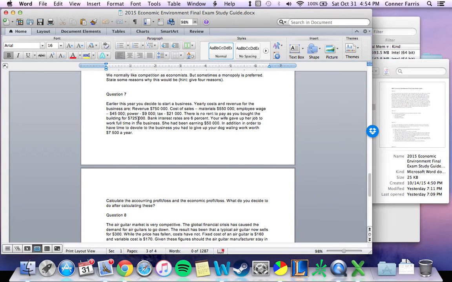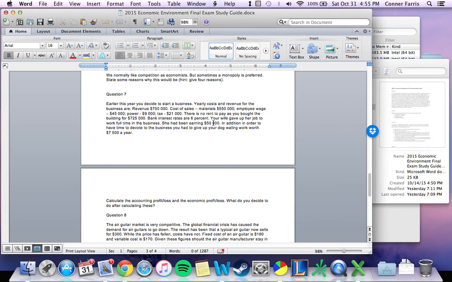Anything that's actually physical money being exchanged. When we look at our economic cost, well, your wife quit her job. That's $50,000 that you're not getting anymore. So that's something you have to account for, economically speaking, but it won't necessarily show up from an accountant's perspective. He's just going to say, okay, well, you're spending $550,000, you're spending $45,000. Your accountant isn't going to say, well, your wife's making $50,000 less.